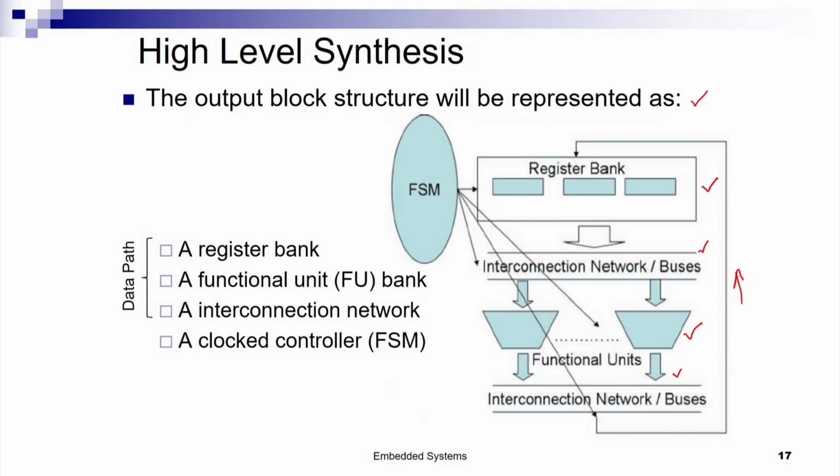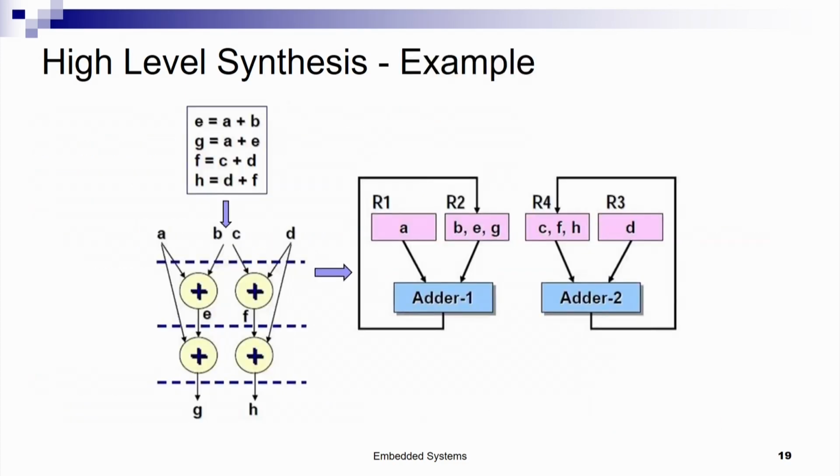So we have a data path consisting of register bank, functional unit bank and interconnection network, and we have an FSM controlling all the data transfers within the data path. This is the output. So now let us take an example.